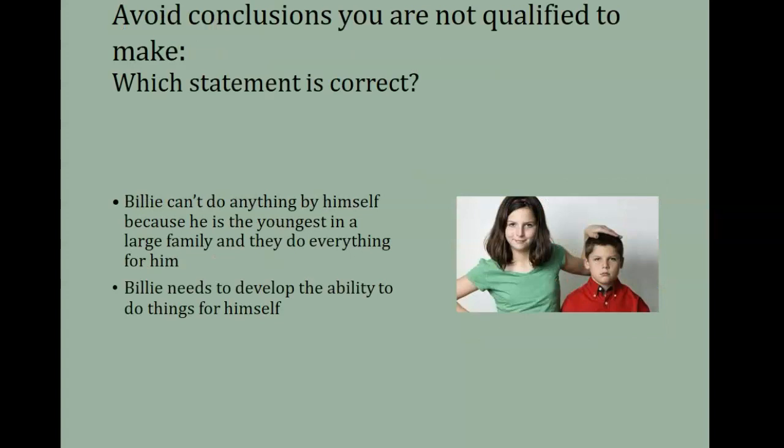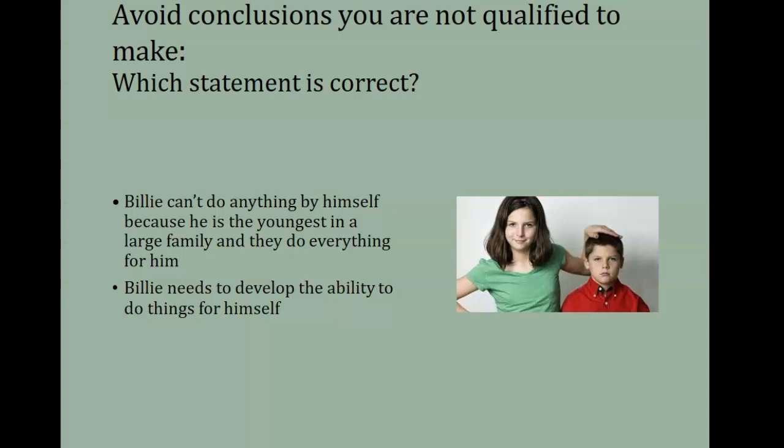Avoid conclusions that you're not qualified to make. Which of these statements is correct? Billy can't do anything by himself because he is the youngest in a large family and they do everything for him. Or Billy needs to develop the ability to do things for himself. Which one are you going to say to a parent, first of all? Are you going to say, well, Billy can't do anything because you do everything for him? What's going to happen if you said that to a parent? They're going to be like, what the heck? Why would you say that? That's so rude, right?